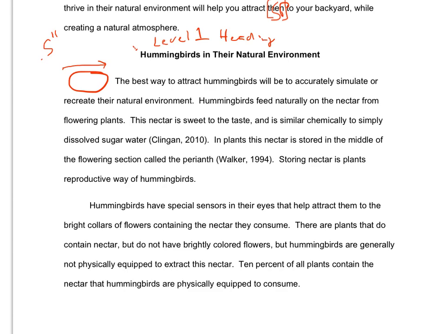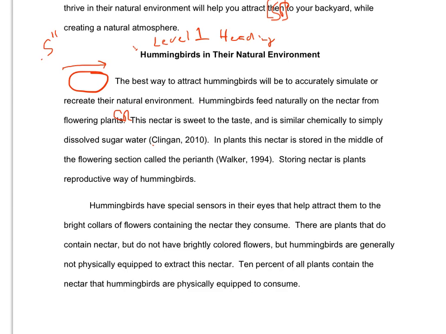But you still may see written on your paper a CR here. And it doesn't necessarily mean I deducted points. I'm just telling you that for clarification purposes, it would be appropriate to put a citation there. And the reason is, a parenthetical citation like that can cover more than one sentence. That's not necessarily the problem. The problem is that this citation here is covering a sentence that talks about chemical compounds.